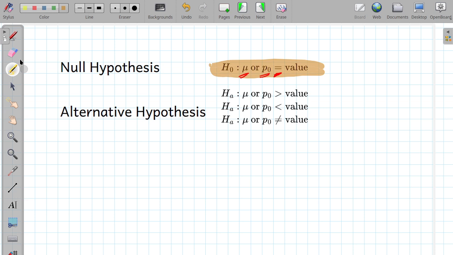But again, H sub A represents the alternative hypothesis. All through these, you'll notice that we are using the same parameters. The only thing that's different is the relational symbol that separates the statement from the value.